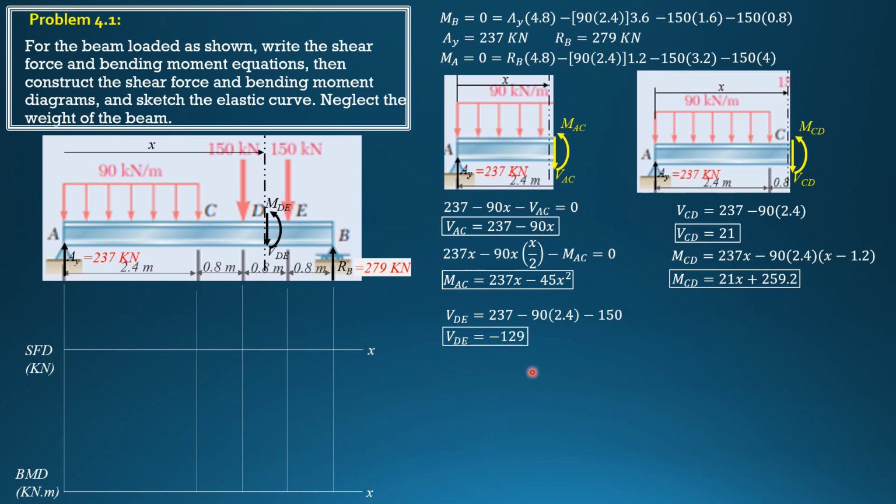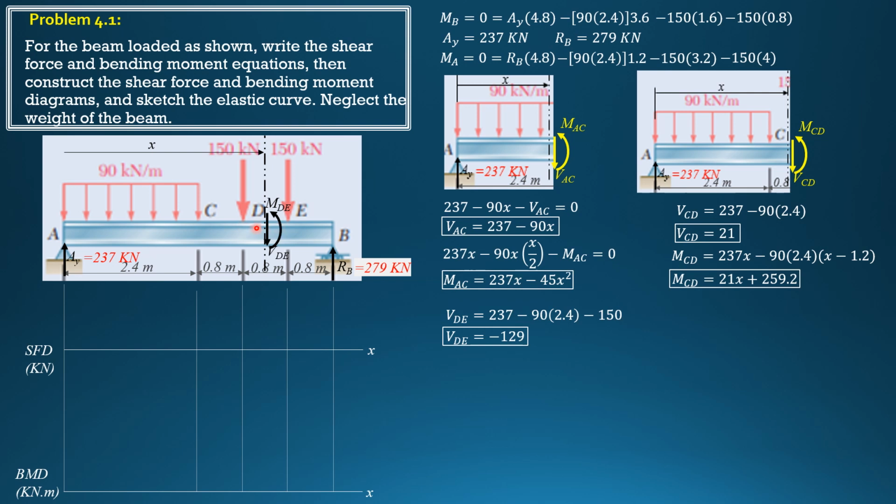But if you're still confused, remember summation of forces in y is the equation, and you just consider the free body diagram from A to that section. And remember this positive sign convention for shear and moment. Then for moment, the shortcut is the preceding moment, then the moment of the new load, which is minus 150 times this moment arm.